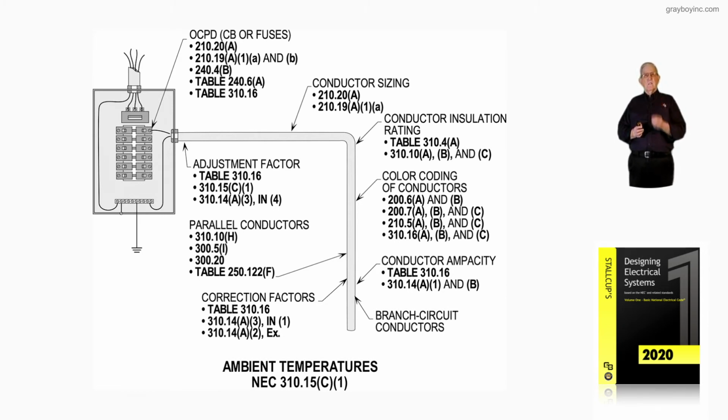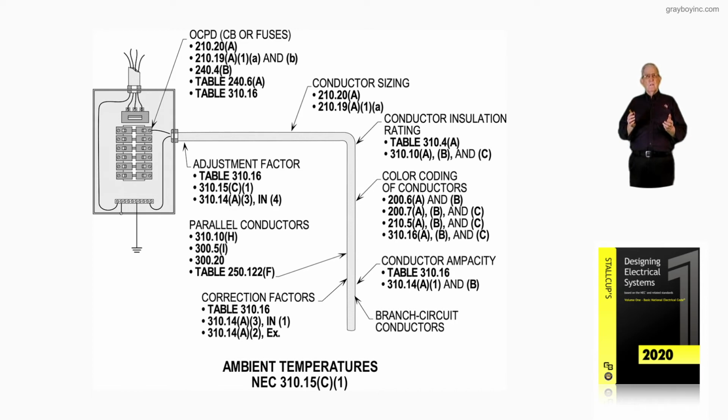Now next, look at the adjustment factor. We would have Table 310.16, and if the conductor was a 90-degree C conductor, we could use that to derate back to 60 or 75-degree terminals, as previously mentioned.